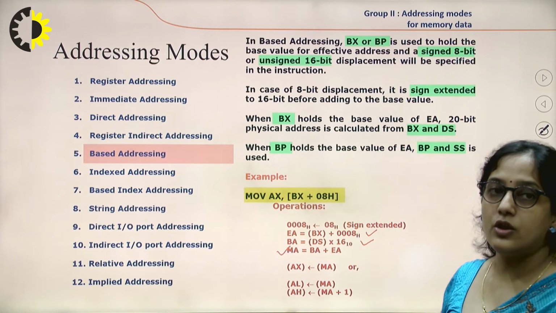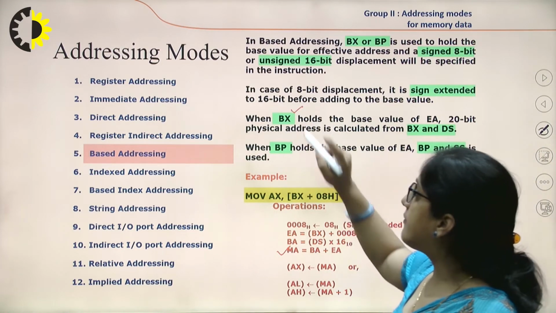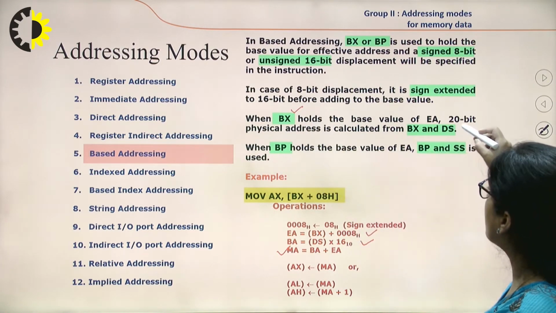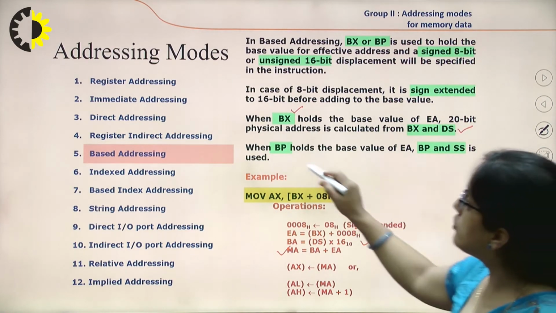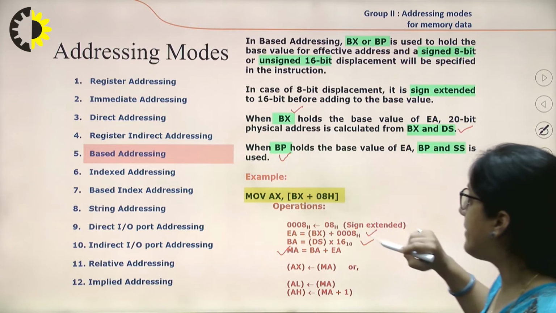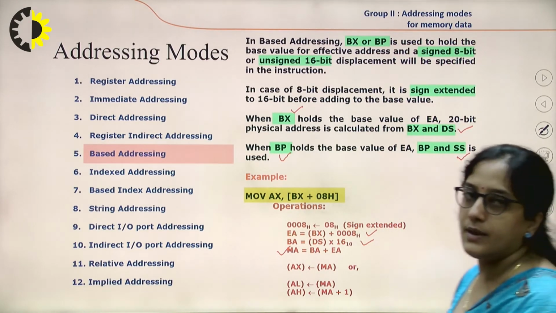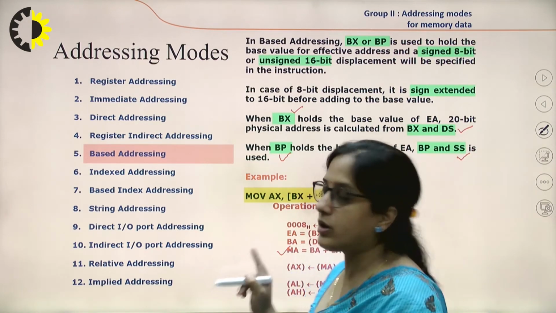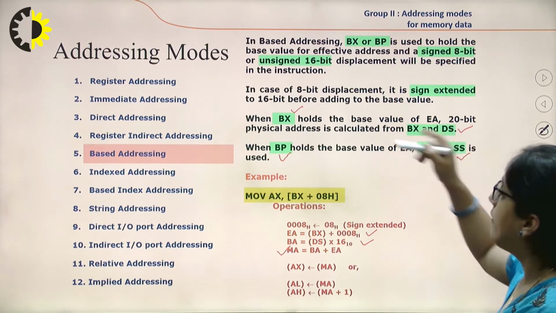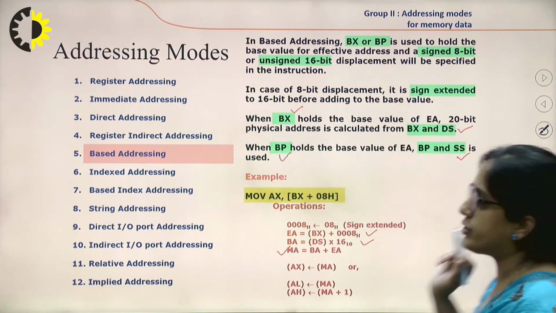If we are using BX, we have to keep in mind that the microprocessor will refer to DS for the base address, and if we are using the BP register to hold the base value, then the microprocessor will refer to the stack segment for the base address. So while writing a program, as a programmer we have to keep in mind that with BX, DS is associated and with BP, SS is associated.